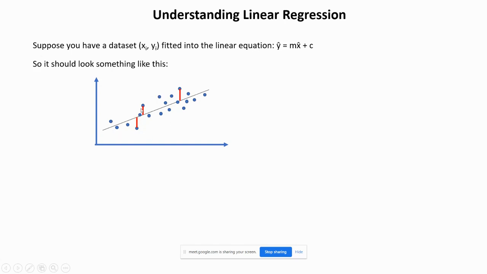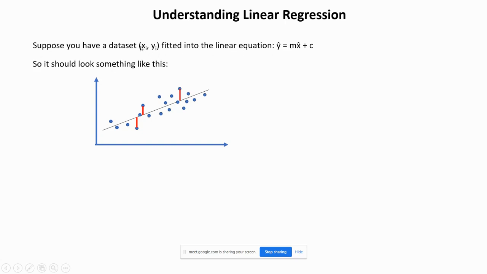I'll repeat again. See, this is your given data set xi, yi, and this is your best fit line which fits into this equation. So if you put this xi variable in this equation, you will get a y hat i, which is different from your yi.